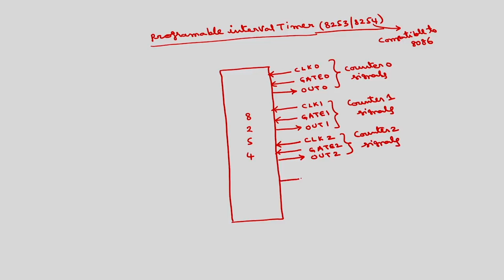Any IC will have VCC and ground. There will be one chip select signal, and there is an 8-bit data bus, D7 to D0.